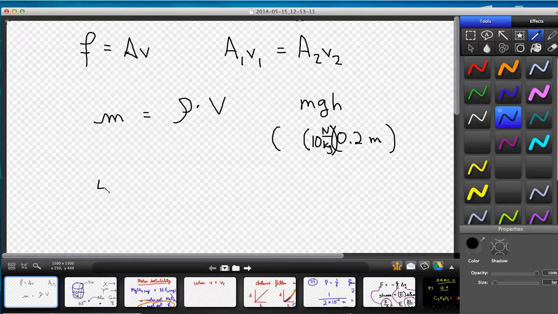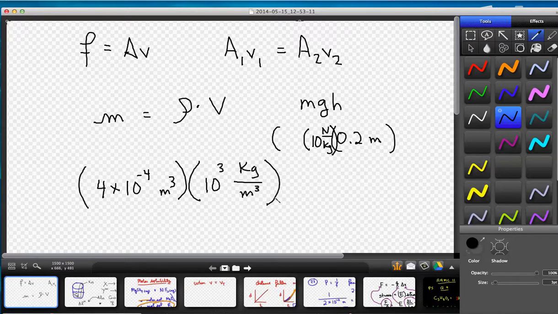So 4 times 10 to the minus 4 cubic meters. The density of water to a physicist is 10 to the third kilograms per cubic meter. To a chemist, it's a gram per cubic centimeter, or a gram per mil, exactly. And then we're going to multiply that by 10 newtons.